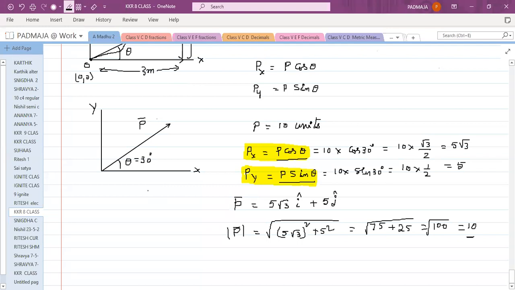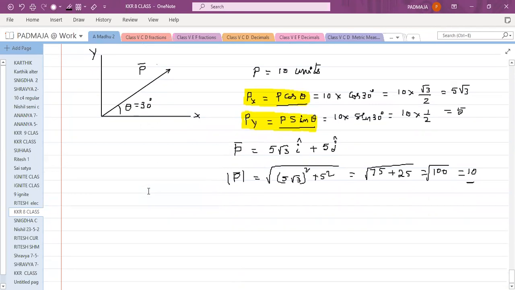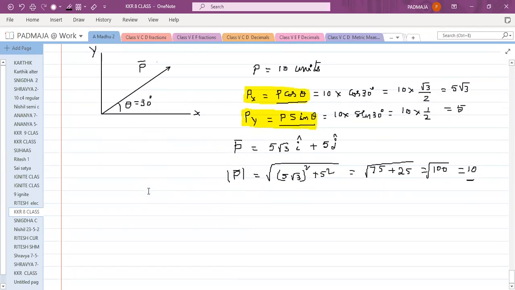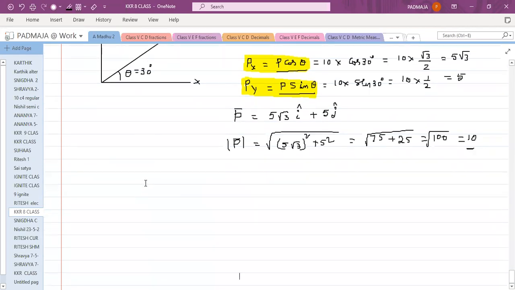At the same time, it is moving along the x-axis as well as along the y-axis. This is how we resolve the vector into components.